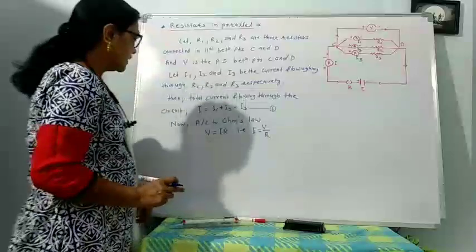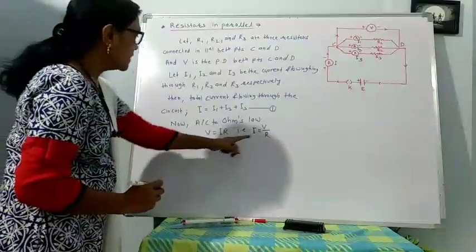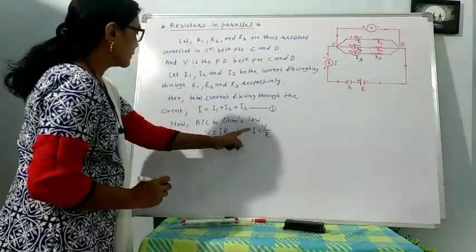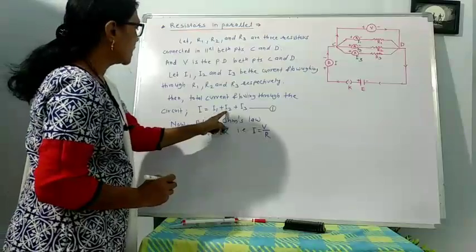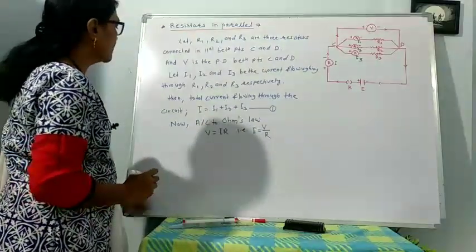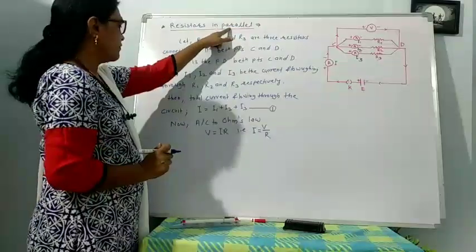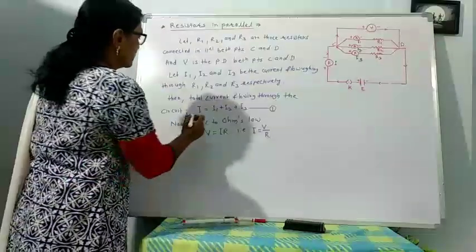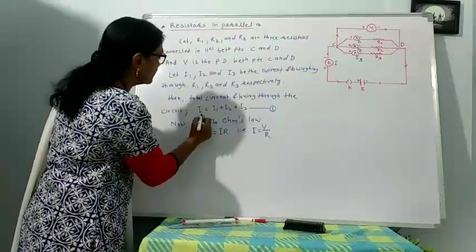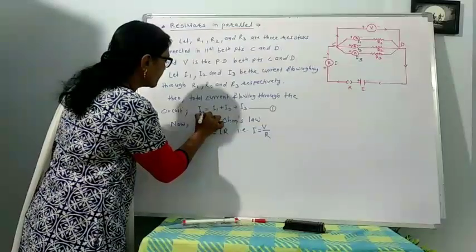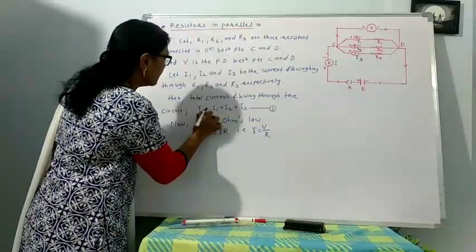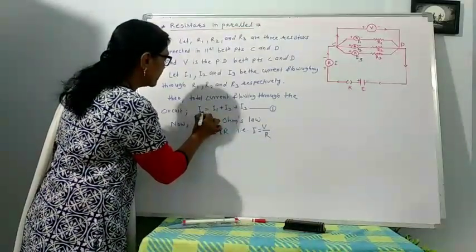Okay. Now, from this formula, we can write the values of I1, I2 and I3. Here, the arrangement of resistors is in parallel. So, total current I can be written as IP. म्हणजे I for parallel arrangement असा त्याचा अर्थ होईल.